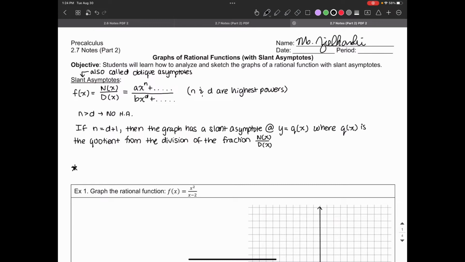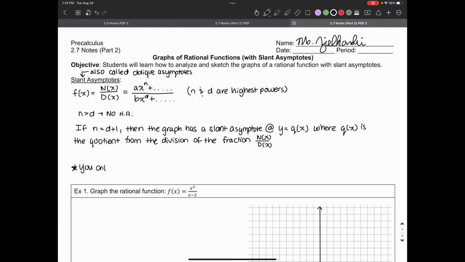You will only need to check for a slant asymptote if there is no horizontal asymptote. So keep in mind, if you have a horizontal asymptote, you will not have a slant asymptote. Only one thing is going to be able to describe the end behavior on the left and the right, either a horizontal line or a slanted line, not both.